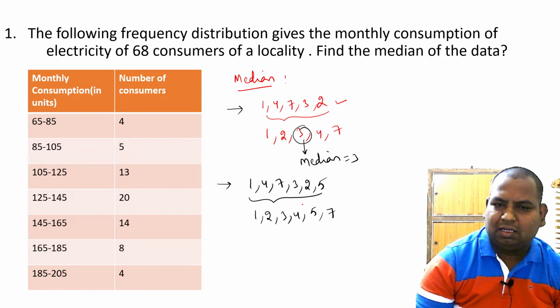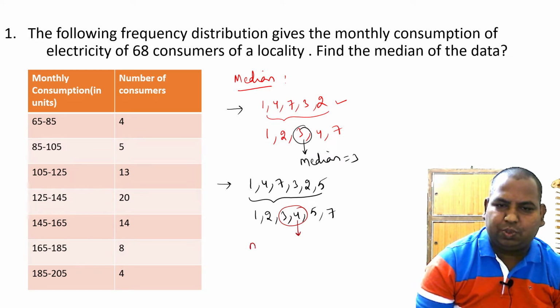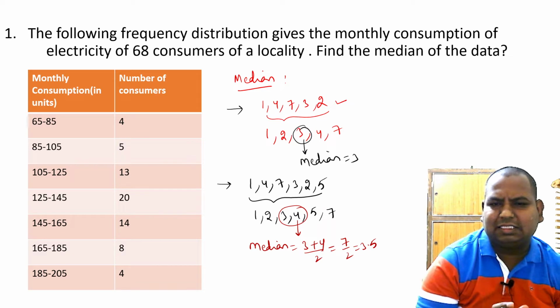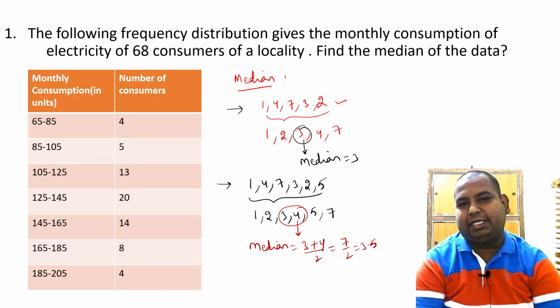The middlemost observations are 3 and 4. If we have two middlemost observations, to find the median we need to find the average of those two observations. That means the average of 3 and 4: 3 plus 4 by 2, that is 7 by 2, that is 3.5. This is the way of calculating median in case of ungrouped data.